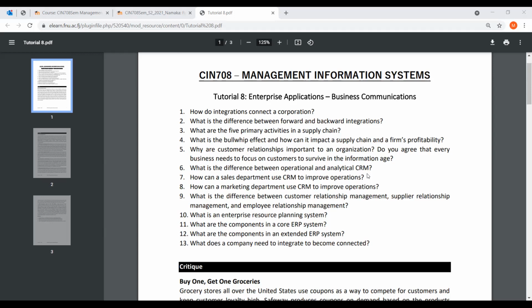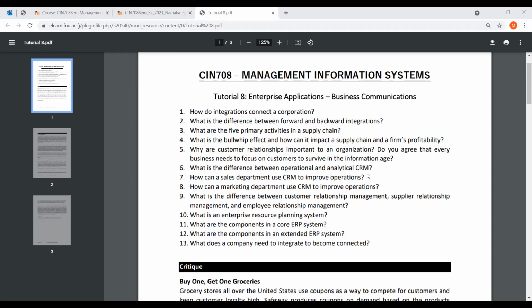Question number 10, what is an enterprise resource planning system? Question number 11, what are the core components of a core ERP system? Question number 12, what are the components in an extended ERP system? And the very last question is, what does a company need to integrate to become connected?